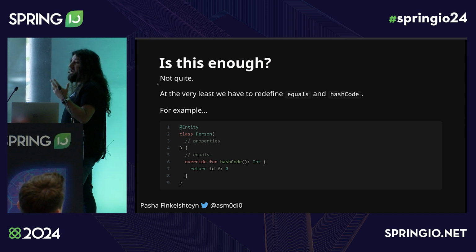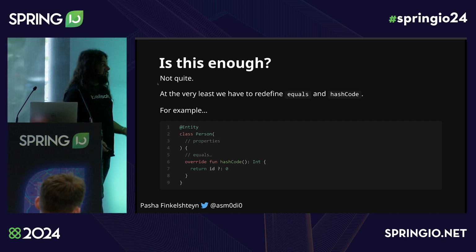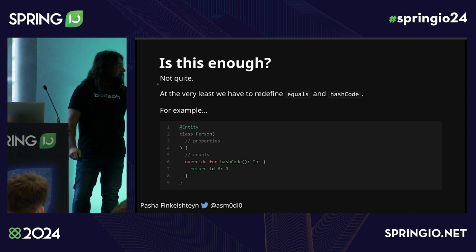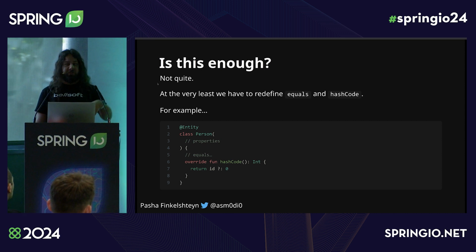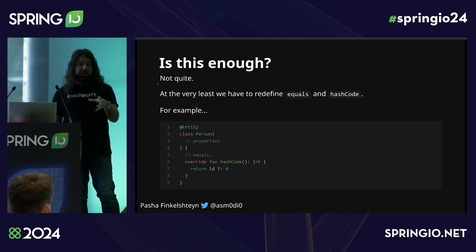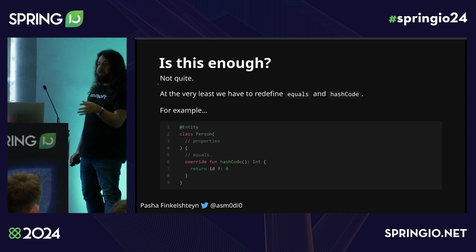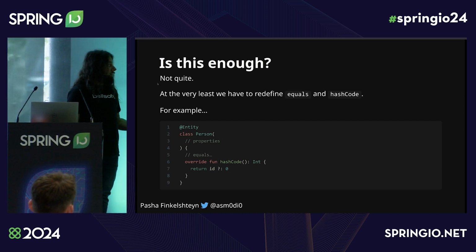ByteBuddy wrote an amazing article on how to do it in different situations. This is one of the ideas you can use. You can always compare by ID, or always return 0 as a hash code. At least this way, your sets containing your entities will work more or less correctly.